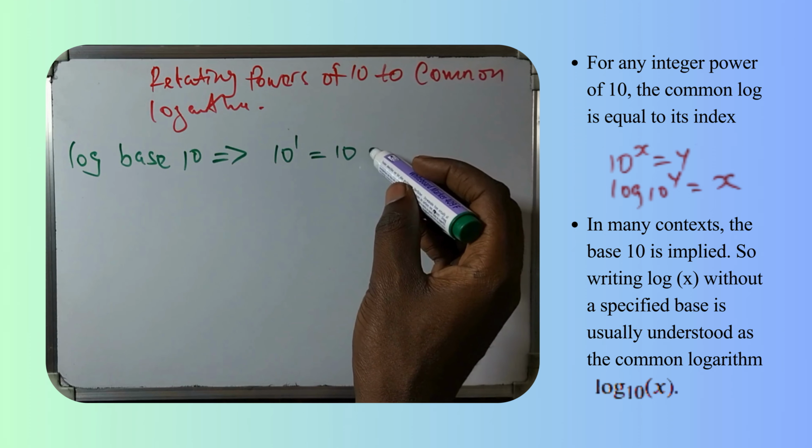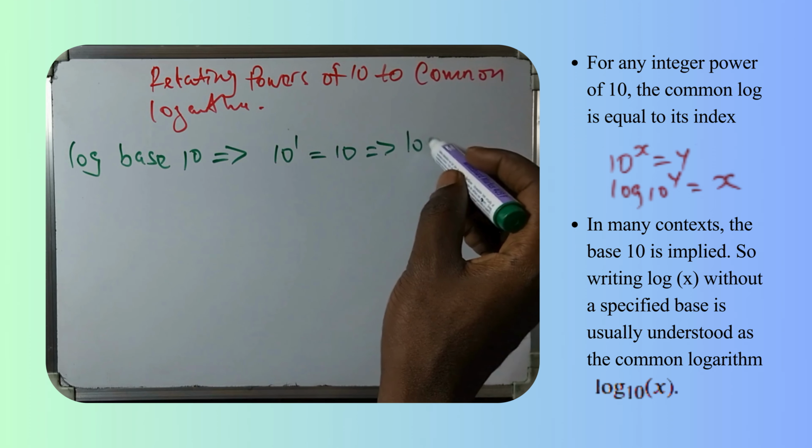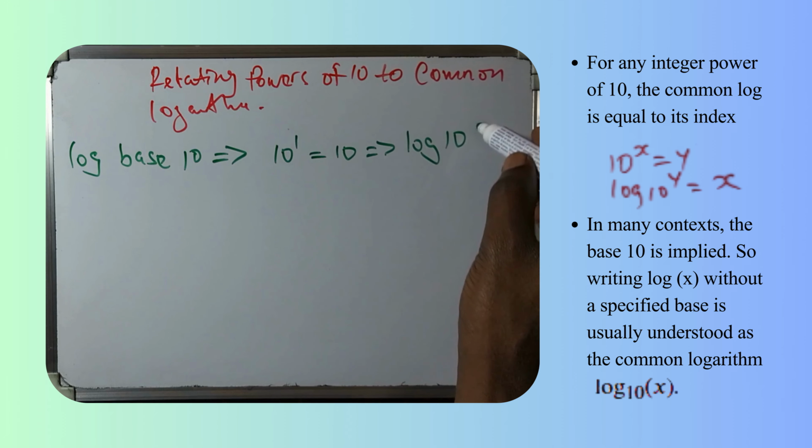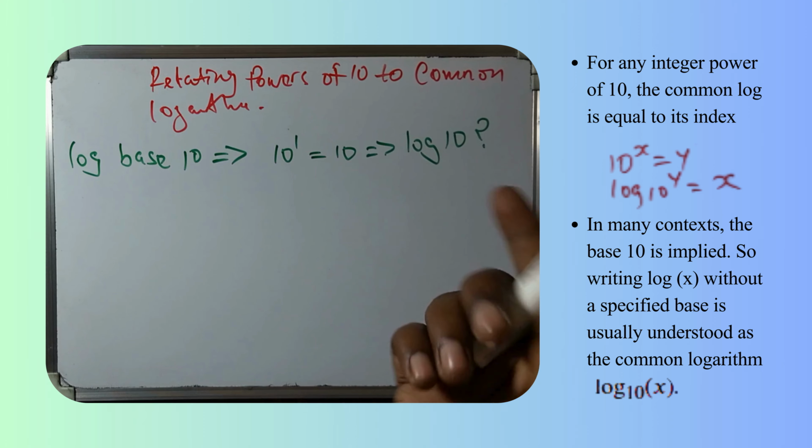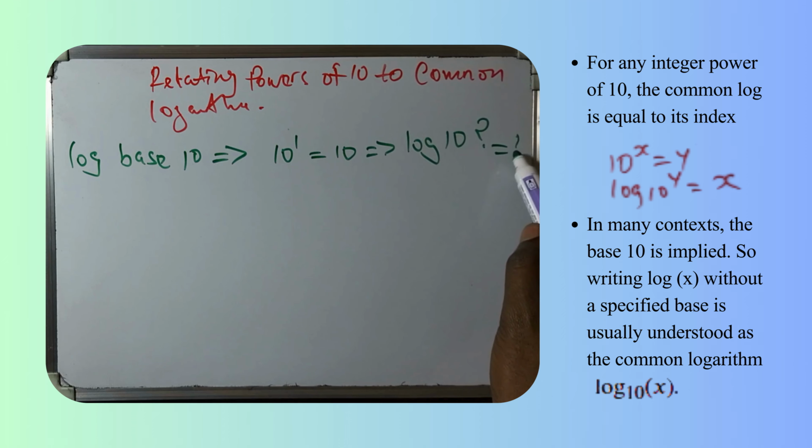And when we are asked about log 10, or the logarithm of 10, what I'm trying to ask you is how many times do you need to multiply 10 to get that 10? Of course, the answer is 1. That will be 10 times 1 will give you 10.